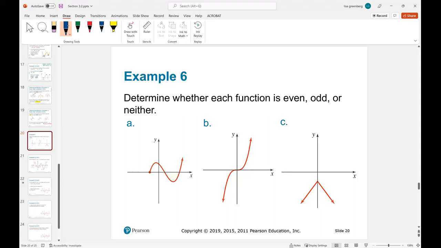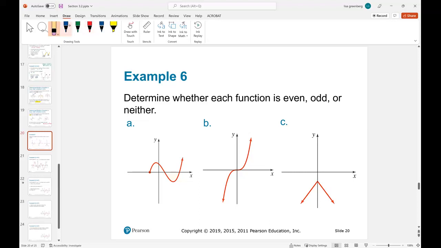Okay, so now, just from a graph, let's see if we can determine what's even, odd, or neither. Well, let's look at A. Is it symmetric around the y-axis? No, because if I were to flip this around the y-axis, it would pretty much look like this, which doesn't look the same. So it's not even.